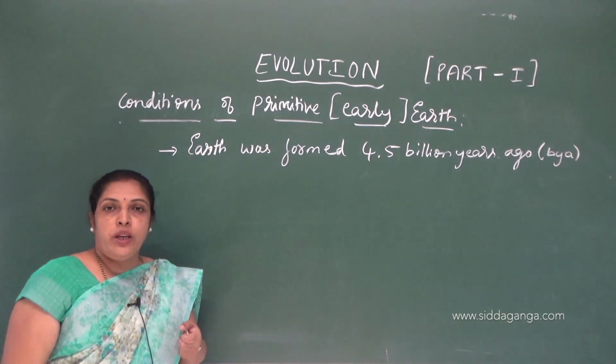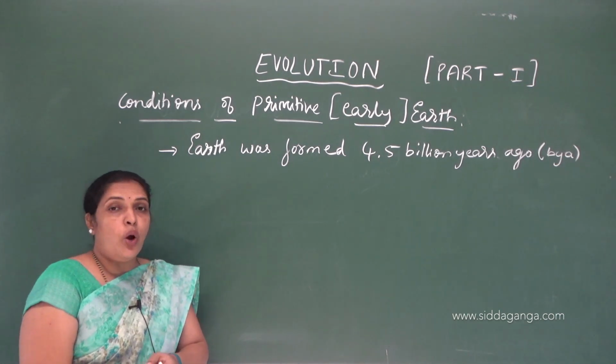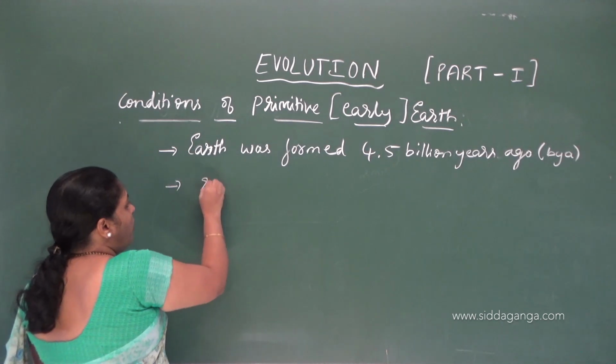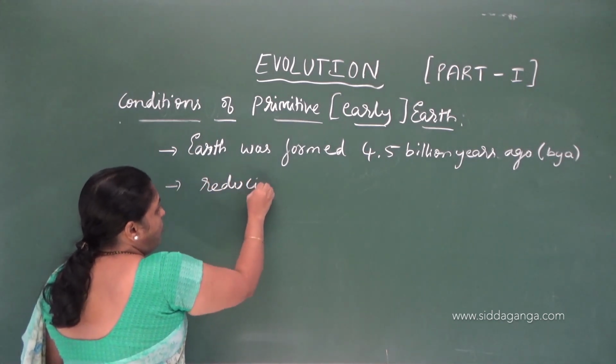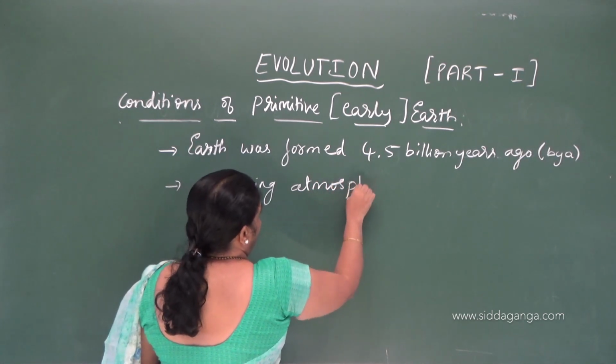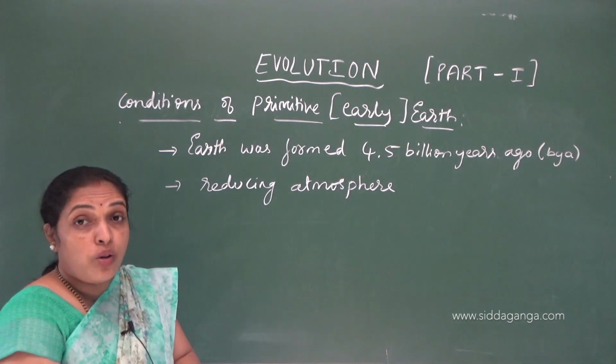The atmosphere present on the early Earth is called a reducing atmosphere, because there was no free molecular oxygen.